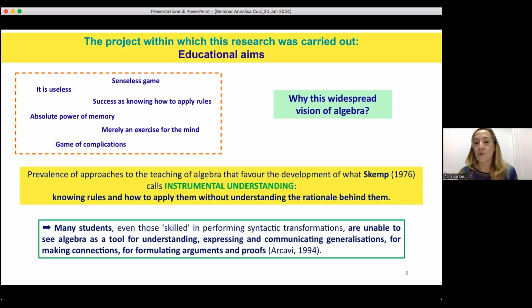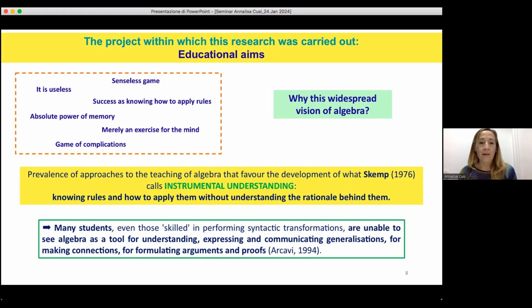According to researchers that devoted research to these studies, and I'm mentioning two famous researchers, Kieran and Arcavi, the main problem is that in school there is a prevalence of approaches to the teaching of algebra that favor a development of instrumental understanding, that is, knowing rules, being able to apply rules, but without understanding the rationale behind them.